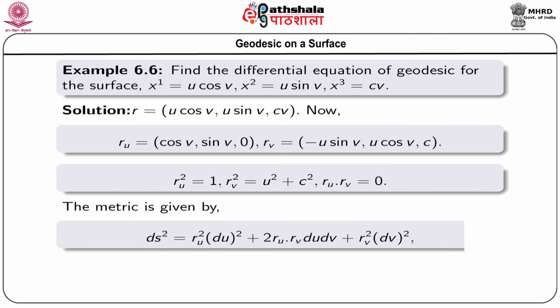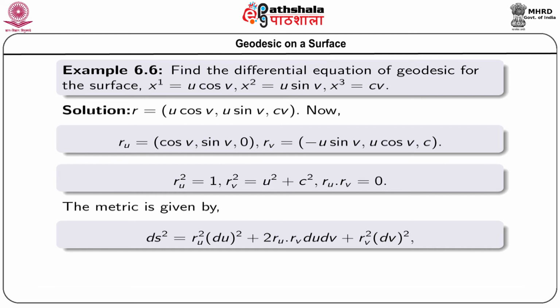So, the metric on the helicoid in vector form can be expressed as ds² equal to r_u² du² plus 2 r_u dot r_v du dv plus r_v² dv².